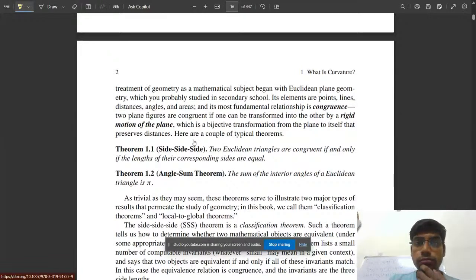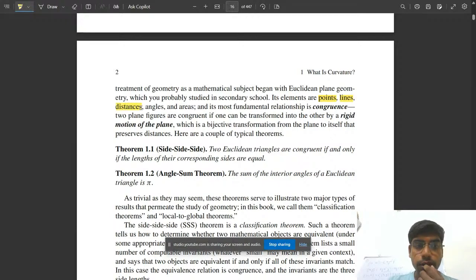So in secondary school, we are all familiar with the Euclidean plane or Euclidean geometry. All those things were contained in Euclidean geometry. Its elements are points, lines, distances, angles, right?